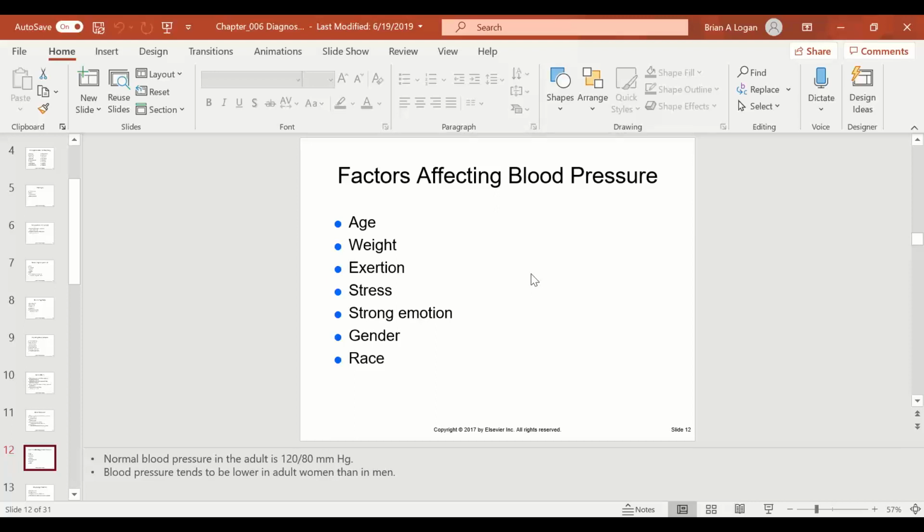Right? It takes our blood pressure from 0 to 100 real quick. And then, of course, your ethnicity, your race. African Americans tend to have higher blood pressures. Genetic thing. So, a few different things that affect our blood pressures.